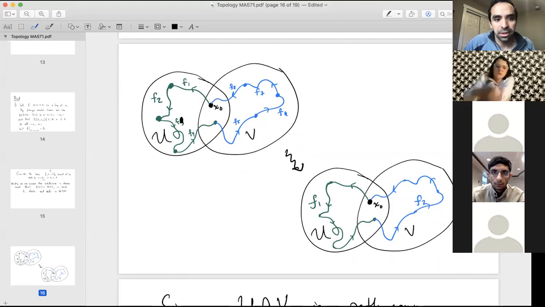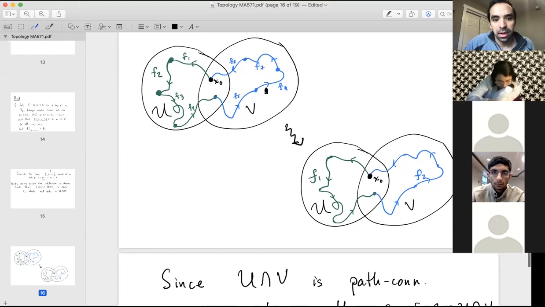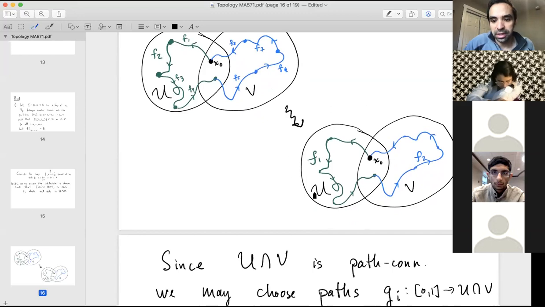I erase these subdivision points that do not lie in the intersection, so I can substitute the partition by another partition that would give me a picture like this.